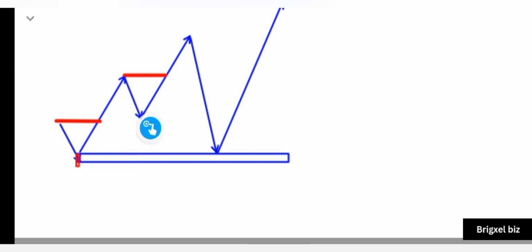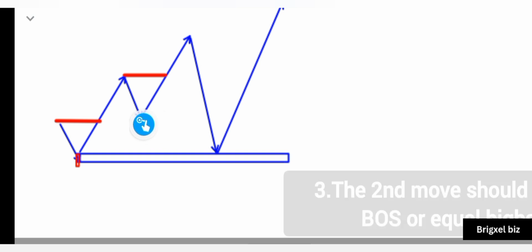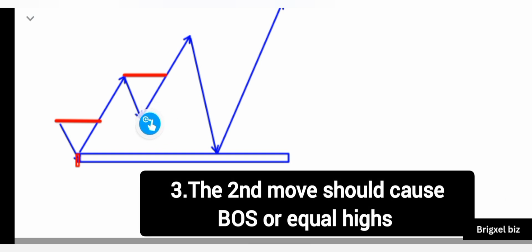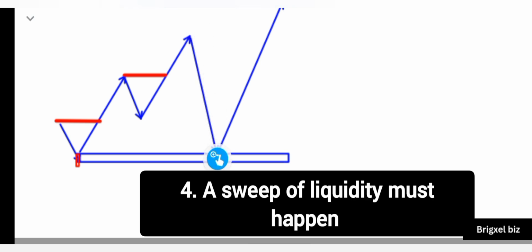Another thing I pay attention to is I sometimes like to see this second move break this level here. If it doesn't break it, I like to see this move at least produce an equal high with this right here. And then I would also like to see a sweep of liquidity.